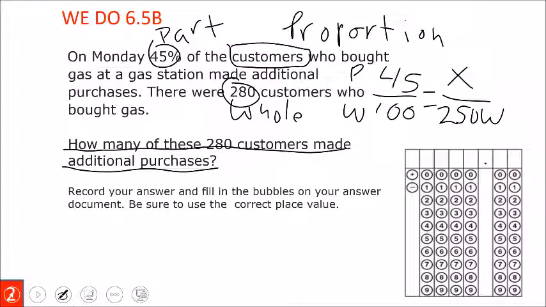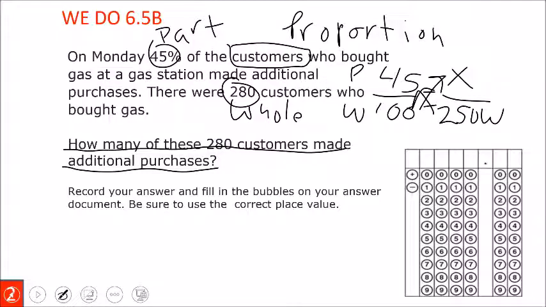So now that we have our proportion set up, what is the first thing you do? Anybody say cross multiply? Yeah, cross multiply.